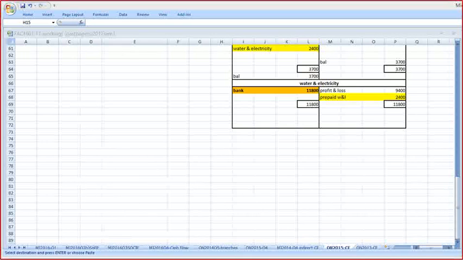Okay. Then the rent expense, you're going to have to put the accrued interest expense on the debit side. Then you're going to have to put the bank, because bank also is there. And then profit and loss. So the accrued interest is 1,249.